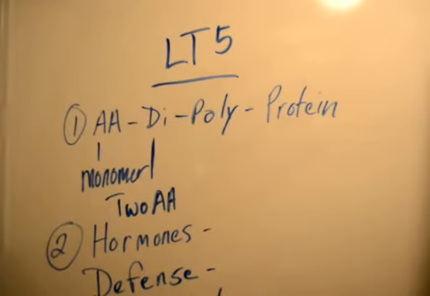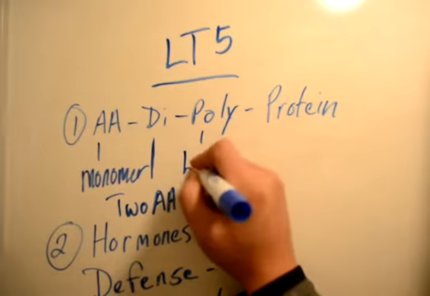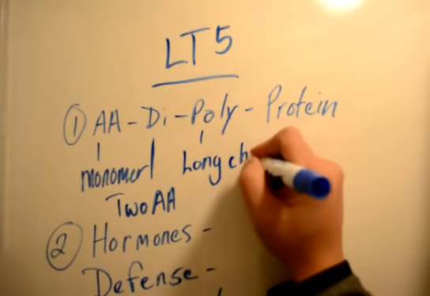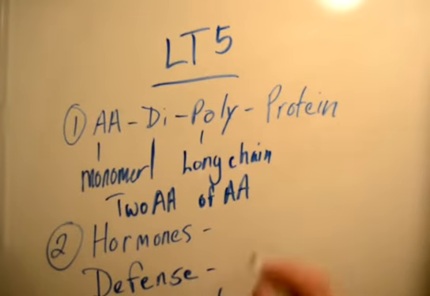Now with your polypeptide, you're going to have a long chain of amino acids. And then your last component is a protein. Now the protein is going to have two or more polypeptides.